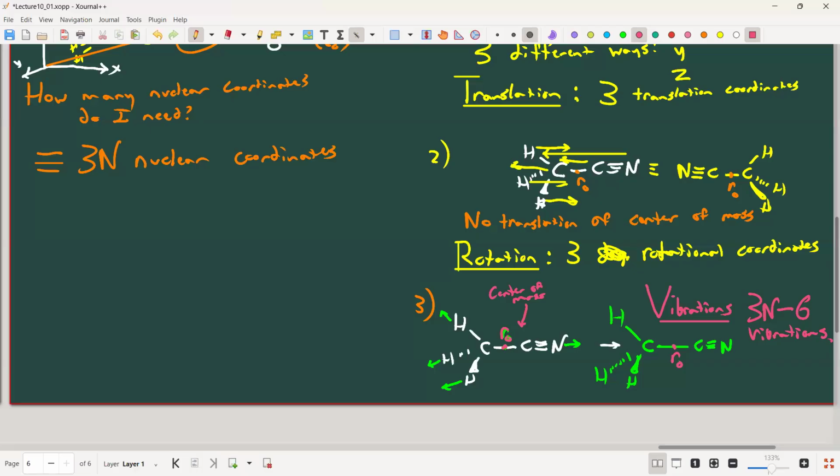We haven't considered the electrons. But we know electrons can get excited, as we saw in the particle in a box. We can excite an electron. And there's also electronic motion, which is much more complicated. And so the Born-Oppenheimer approximation creates a hierarchy of motion.